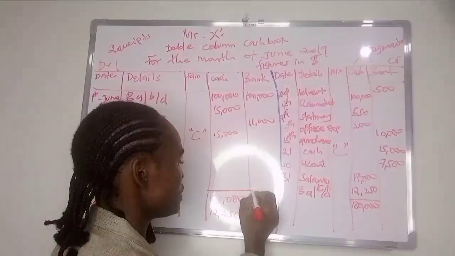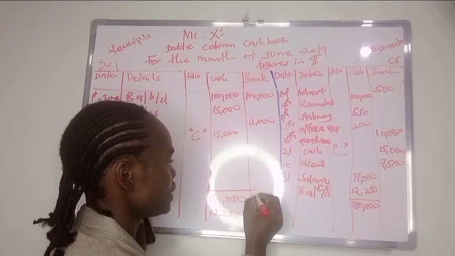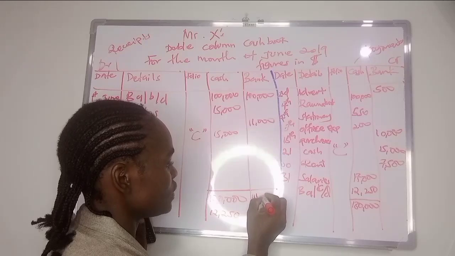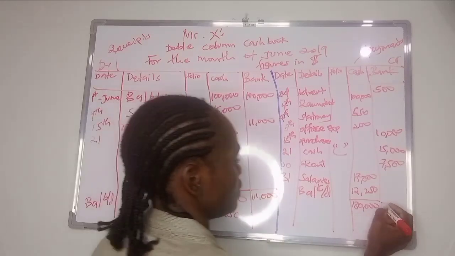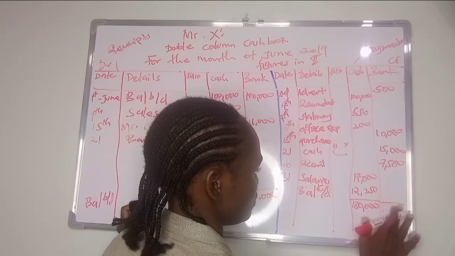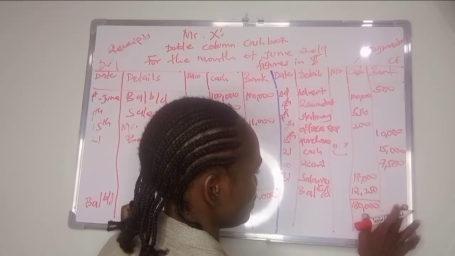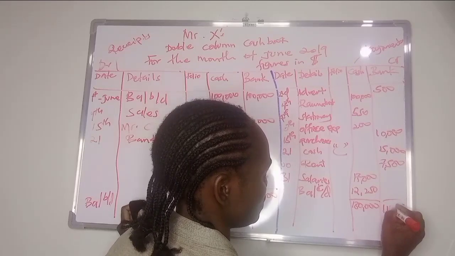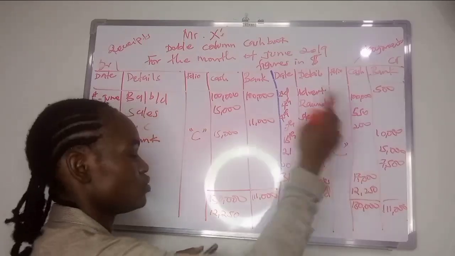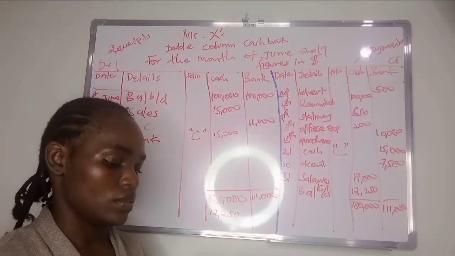So this side is greater than the other side. So we put a greater amount on both sides. 111,000, then 111,000. Sorry. Yeah, 111,000. Then we get this minus the total of that side, which was 33,000.